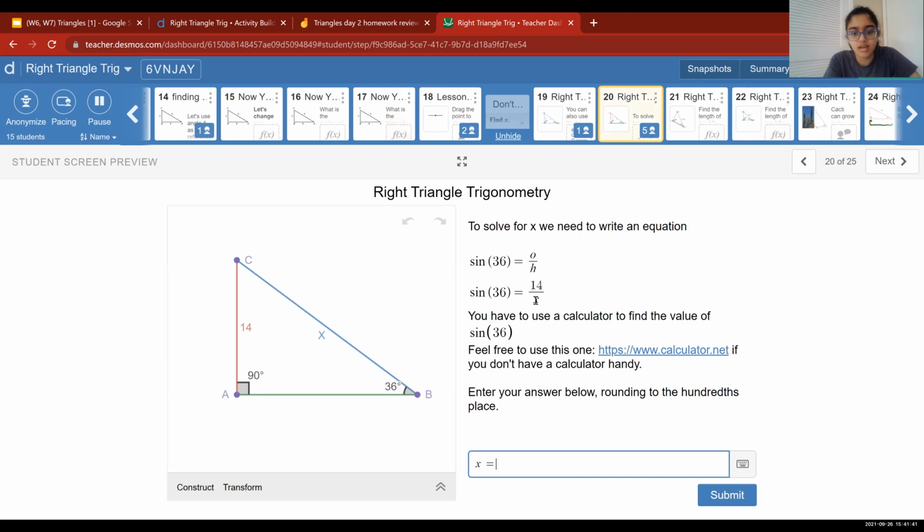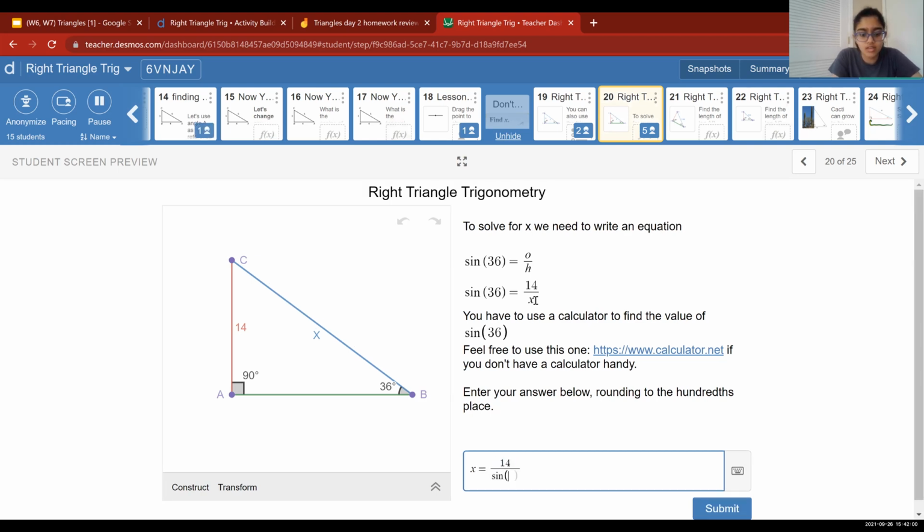So we get x times sine of 36 is equal to 14. And then we divide both sides by sine 36. Sine 36 divided by sine 36 is just 1, so we get 1x on the left side, and then we get 14 over sine 36, right?